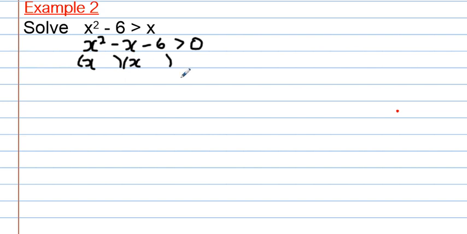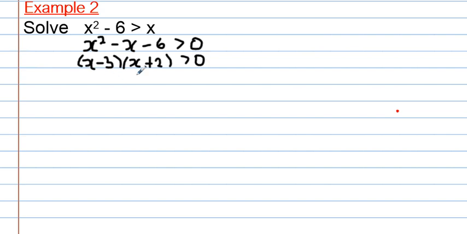What are the possibilities? 3 times 2 is 6. But we need one of them to be a negative number. Okay, so minus 3 and plus 2. Okay, it's more than 0.